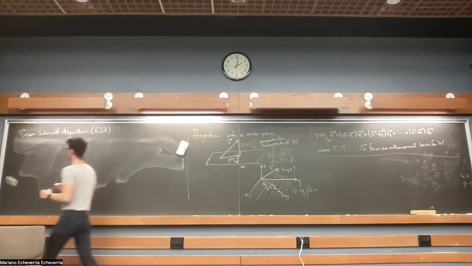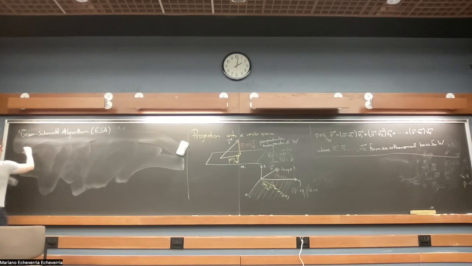So again, the picture that you should have in mind, in case we were working with three vectors, is that you would have a vector u1, maybe a vector u2 here, and then a vector u3. In this picture, hopefully it looks like the vectors are not even perpendicular, they don't even have the same size.